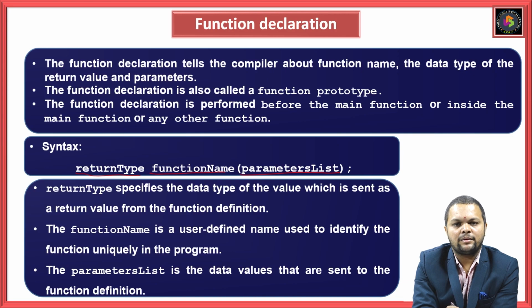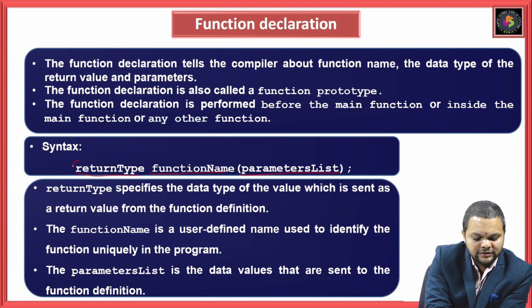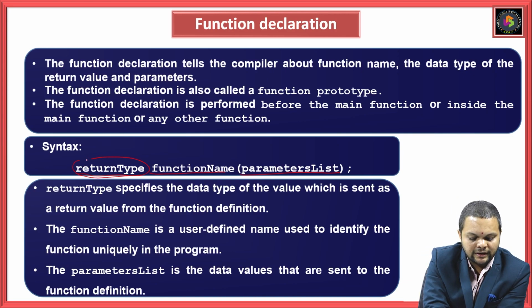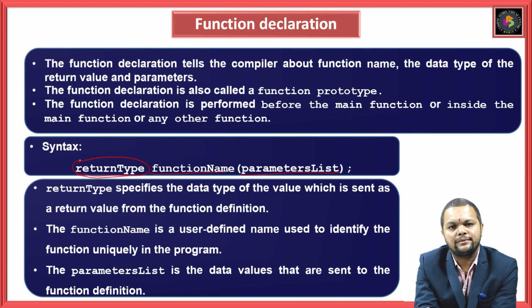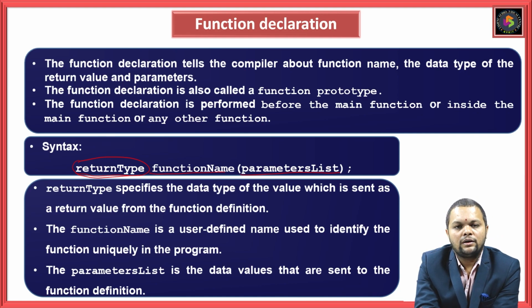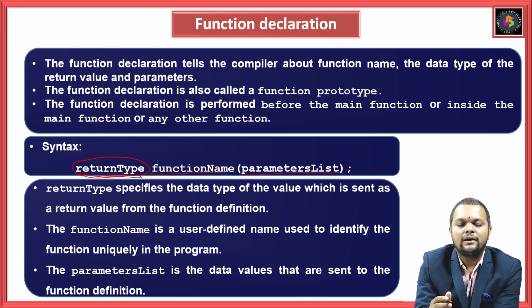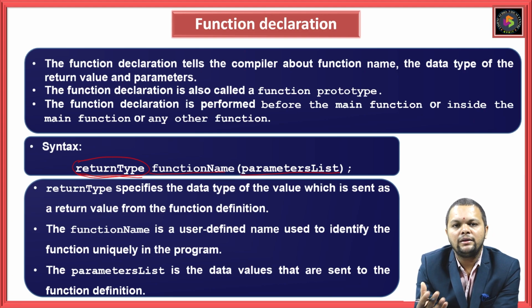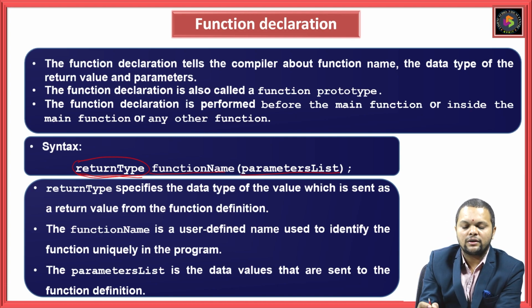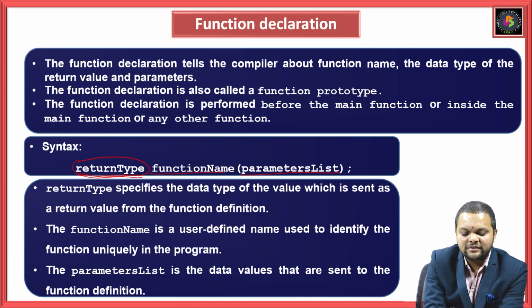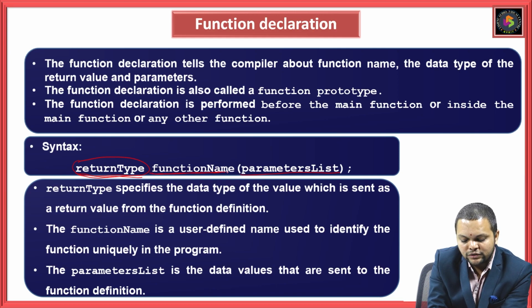If it is returning something, then we need to mention that my function is returning a particular data type value. So this is called the return type. That means it gives me output of a particular type. So this is your return type. And the next thing, the function name of a function.